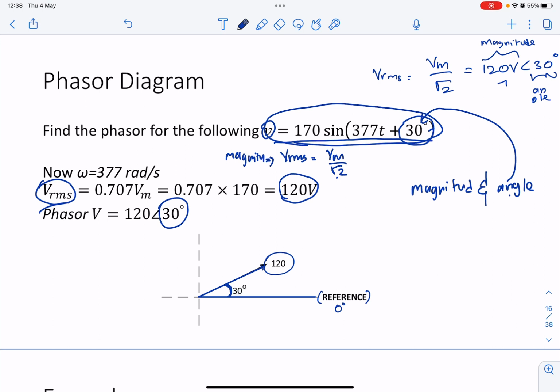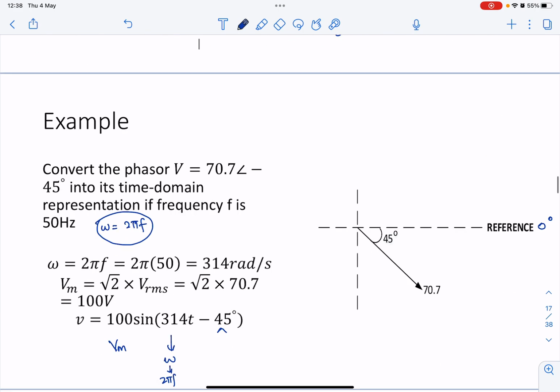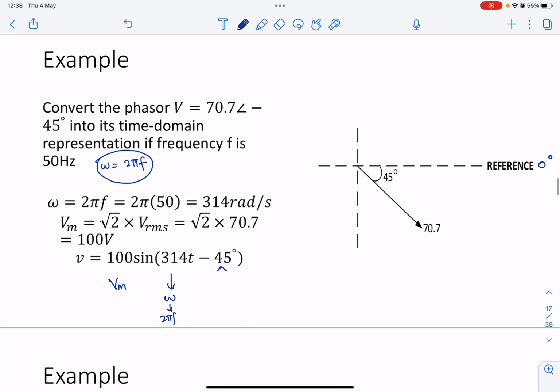So this is just an example on how we represent this voltage value in terms of phasor diagram. So another example di sini lagi. Di sini kamu punya value is 70.7 volt, angle-nya 45 degree. So kamu nampak di sini your angle is negative.